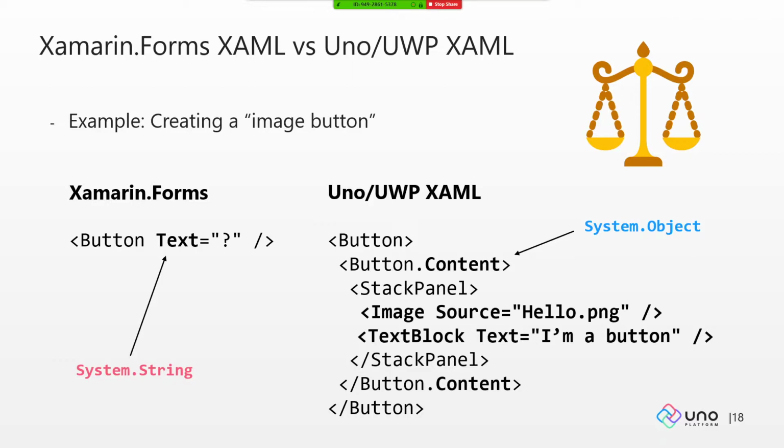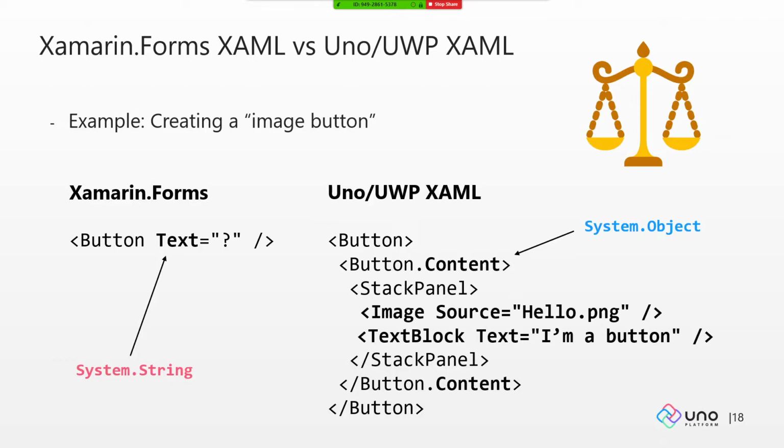So there is a border which provides the border and background of the button. Then there is padding around it and so on. And inside is a content control which just displays any content. So if you put text inside your button, it will render text. But if you want something more advanced, you can just put any arbitrary content inside your button and the content control will just render it.